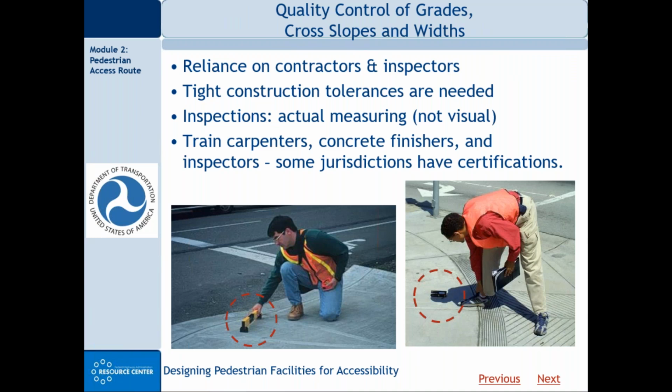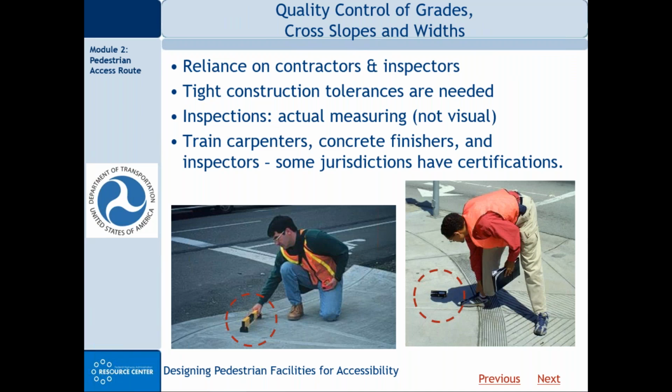But the truth is they've been doing it wrong for 30 years and no one ever called them out on it. So we need to rely on measurements. Don't rely on eyeballing it or visual inspection. And make sure carpenters, concrete crews, finishers and inspectors are trained and understand what sort of product we're looking for.